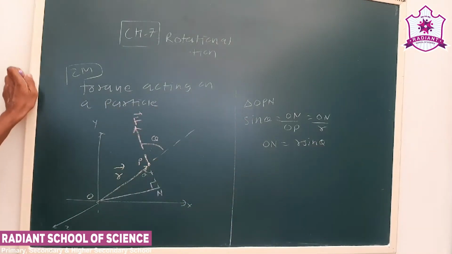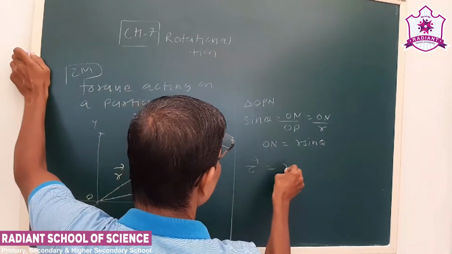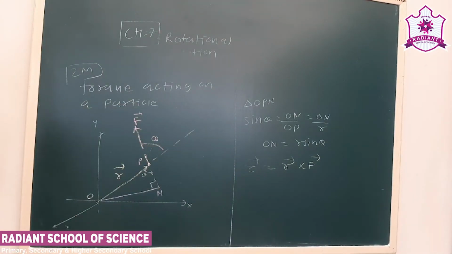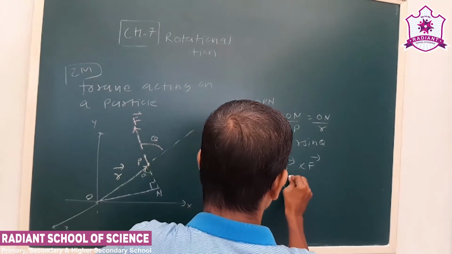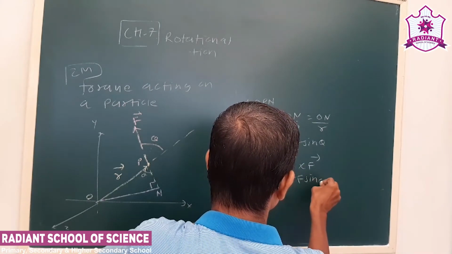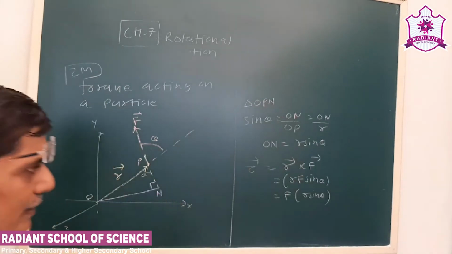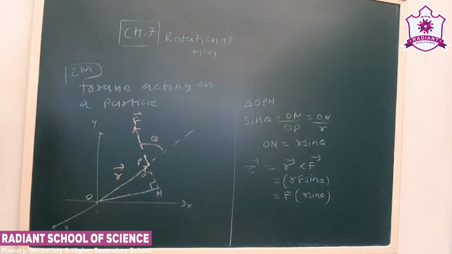Now torque we have written as R cross F. The vector product A cross B is AB sin theta, so it will be R F sin theta. Now we can write F into R sin theta. What is R sin theta?